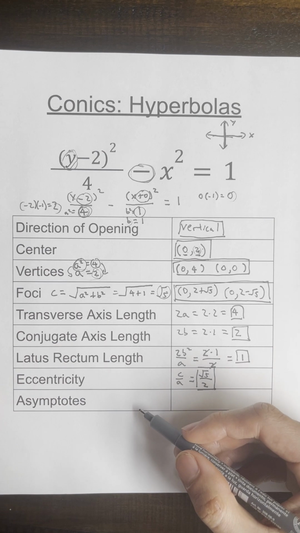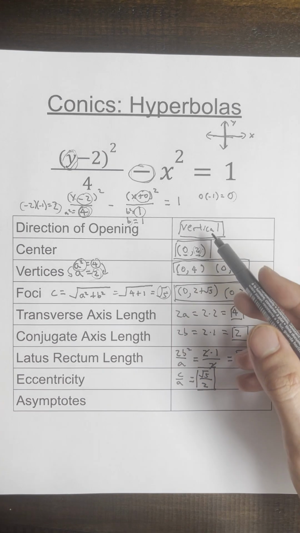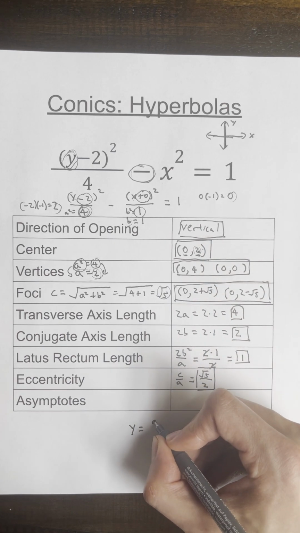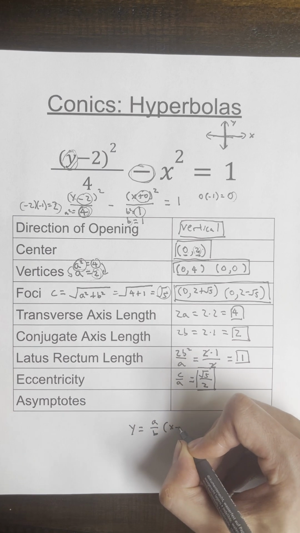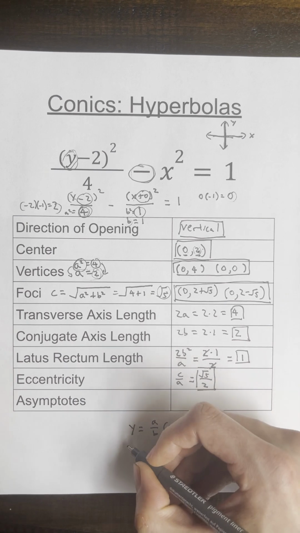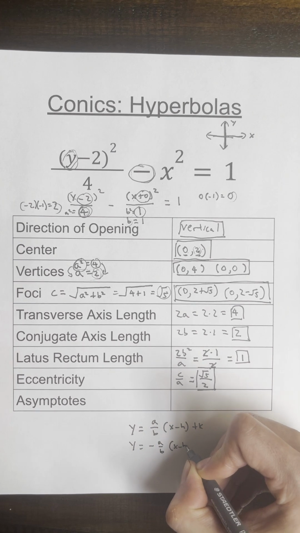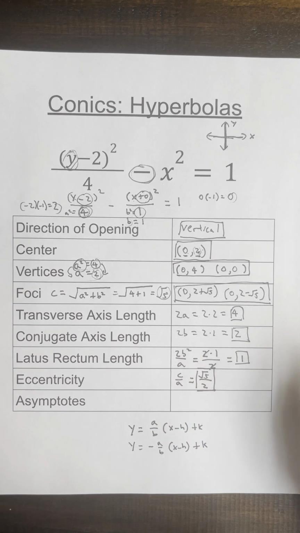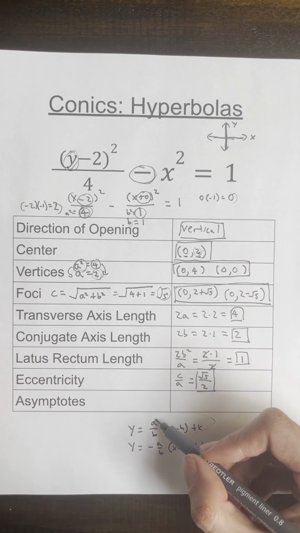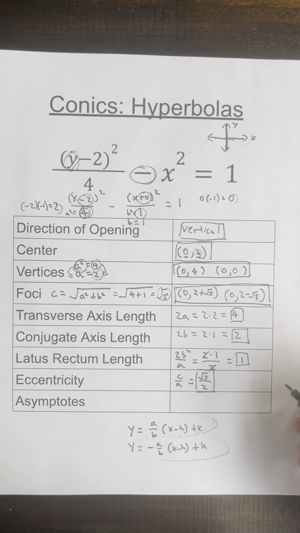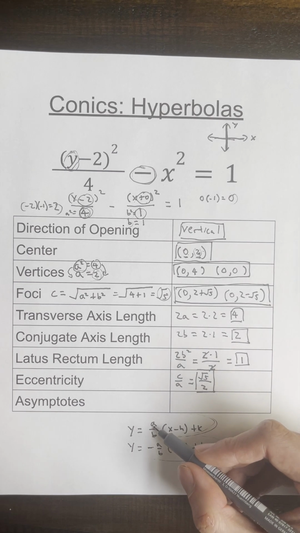Now, to find the asymptotes, with a vertical graph, it's a little bit different. The formula is y equals a over b times x minus h plus k, and y equals negative a over b times x minus h plus k. You'll notice the only thing different here is that we added a negative sign in front, just like our previous example. So let's plug in a, b, h, and k.